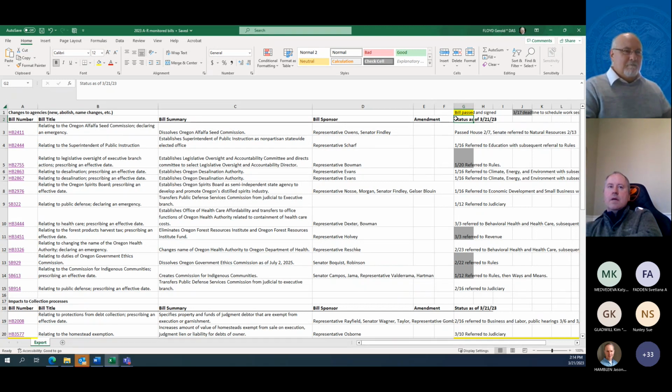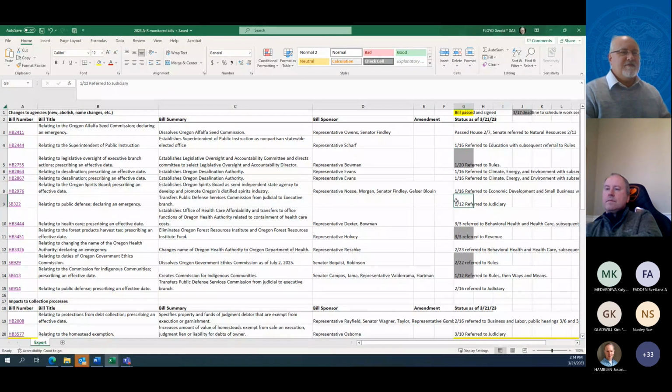So probably after the end of this week, I would consider any of these bills, like House Bill 2444 here, which was referred to education and has not had any public hearing or work sessions, more than likely that one is probably dead.